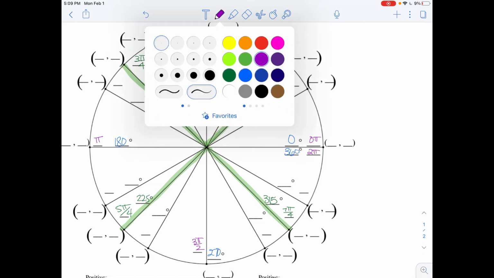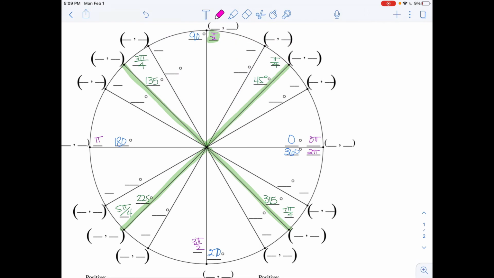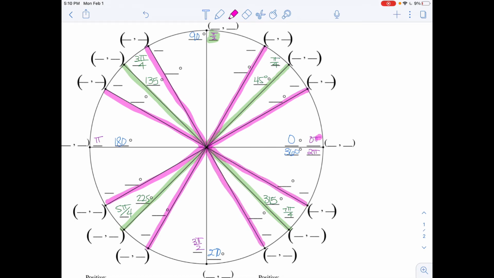We're going to do this one in pink. So now we're going to go ahead and highlight. I'm showing you these lines right here are cut into thirds. So here's a third of a quadrant. Here's another third of a quadrant, and so on. And I'm going to show you what we're going to do with this in a minute. So each of these is another third. So I know from here to here, a third of a quadrant is 30 degrees because a third of 90 is 30 degrees.